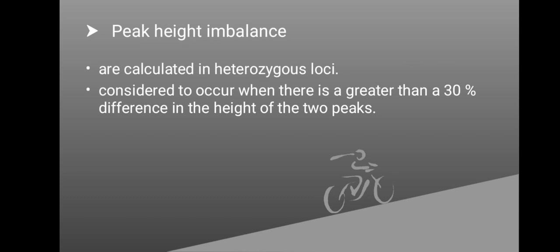That is, the 2 peaks differ by more than 30%. A sample from a single person should contain peaks that are roughly equivalent in height. That is, the difference shouldn't be that much. So an imbalance is indicative of a mixture.